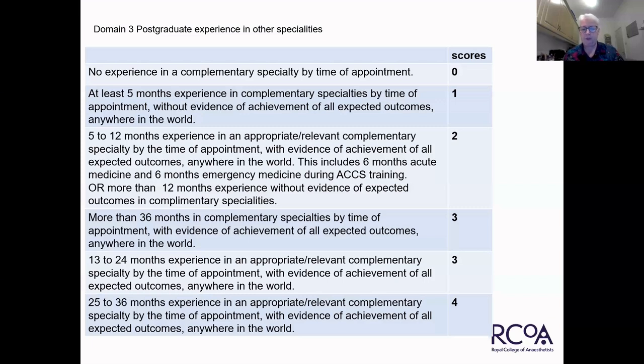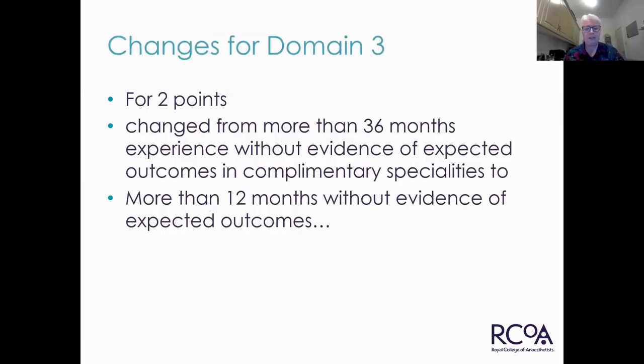So you should get a minimum of 2 points, but you need to read the guidance document to see what things you need to put in there to make sure that you've got the expected outcomes. If you don't have expected outcomes, then you'll get lower points than if you do. And we have clarified what sort of things we would expect to see for expected outcomes in the guidance documents. So the only changes are for 2 points, we've changed it from more than 36 months to more than 12 months without evidence of expected outcomes.